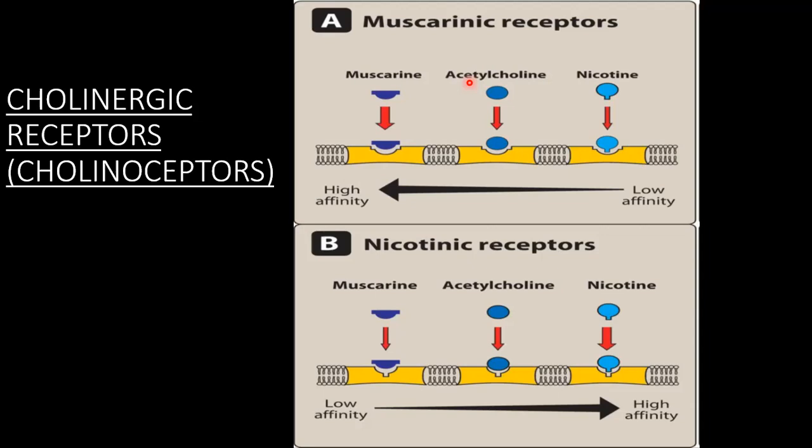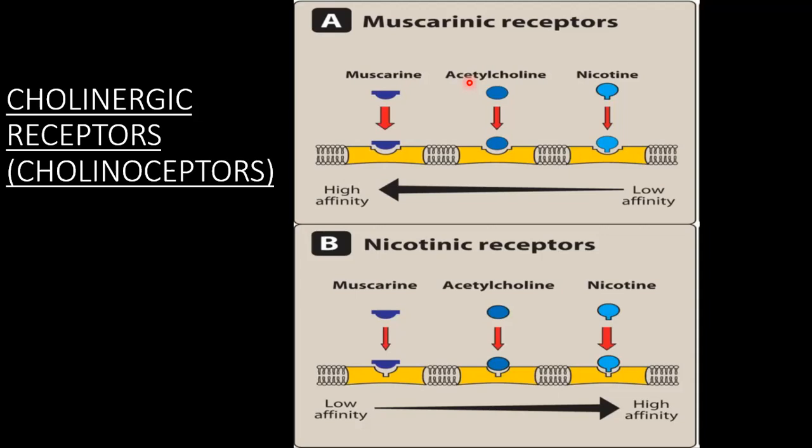I want you to go and know their respective locations, but M1 is found in the CNS and some presynaptic sites. M2 is in the myocardium. Also M1 notably is found in the gastric parietal cells. M3 is mainly in the exocrine glands. M4 is in the vagal nerve endings.